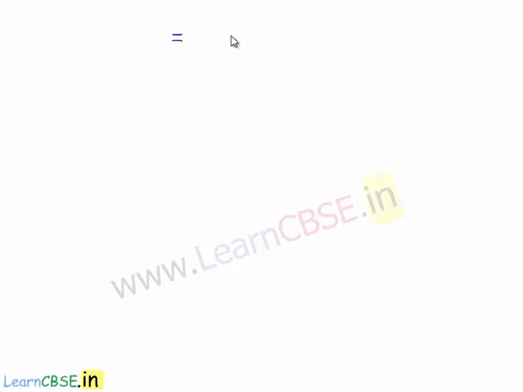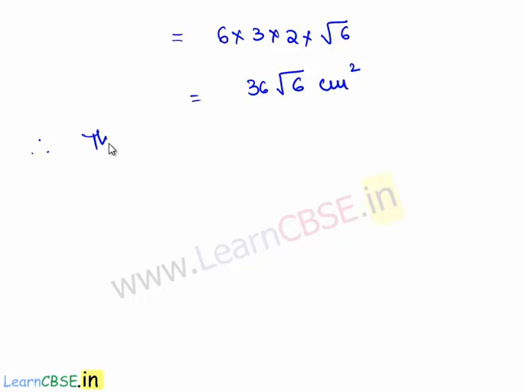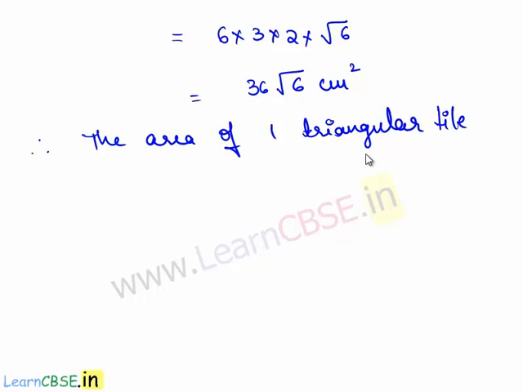So this is equal to 6 times 3 times 2 times root 6, which is 36 root 6 centimeter square. Therefore, the area of one triangular tile of the design is equal to 36 root 6 centimeter square.